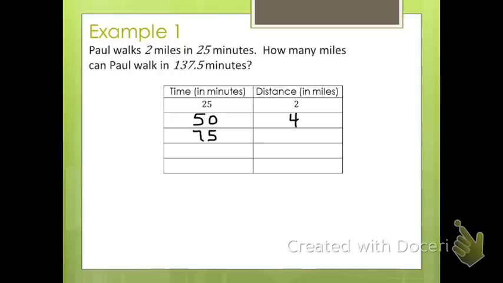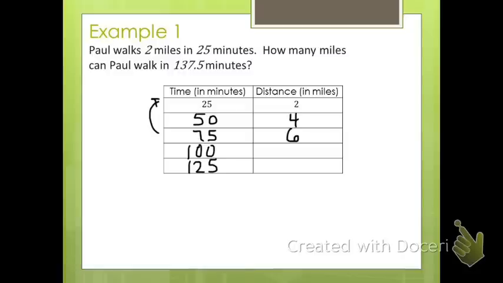So think about how many miles could he go in 75 minutes. You could pause it and think about it and come back. So in 75 minutes, 75 is 3 times as much as 25. And so he could go 3 times as far. He could go 2 times 3 or 6 miles. So what about 100 and 125?